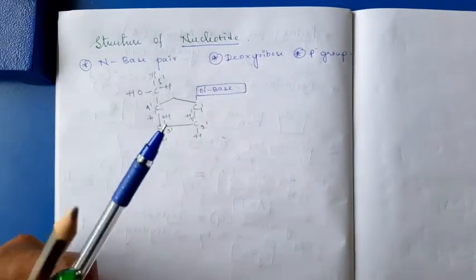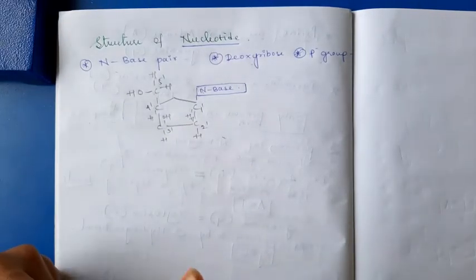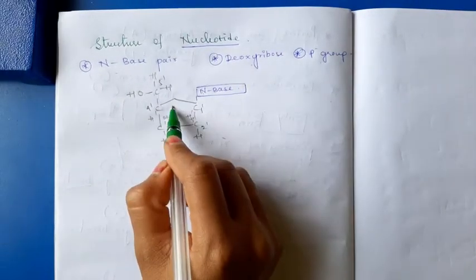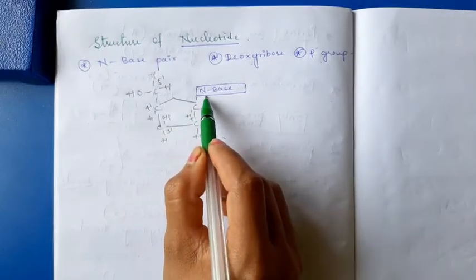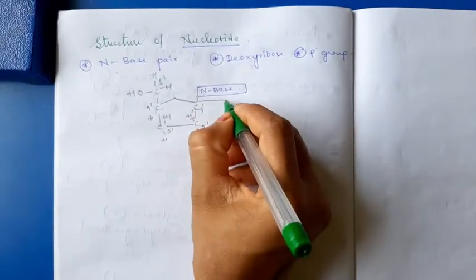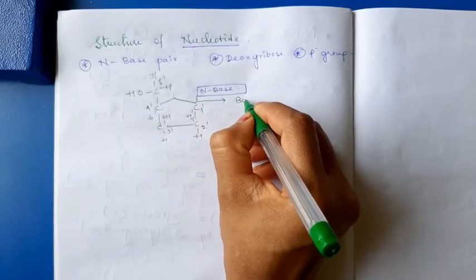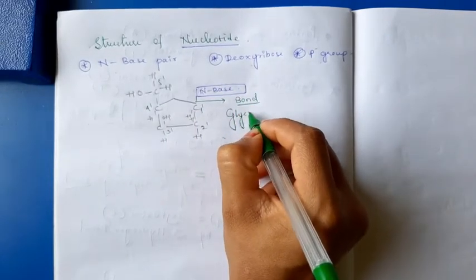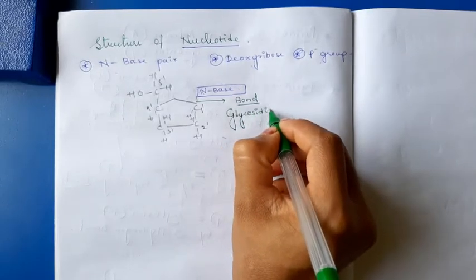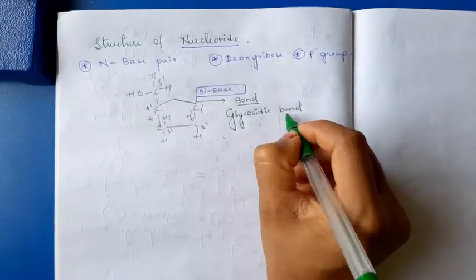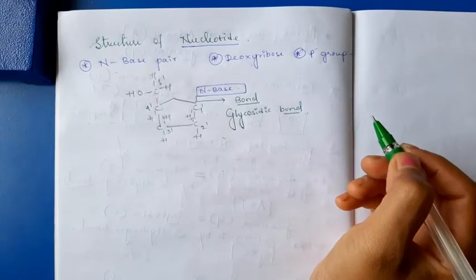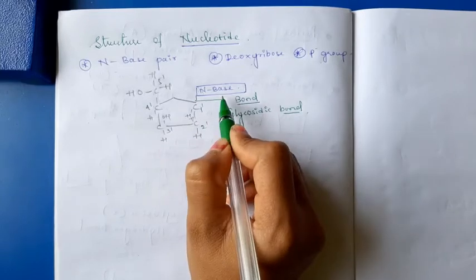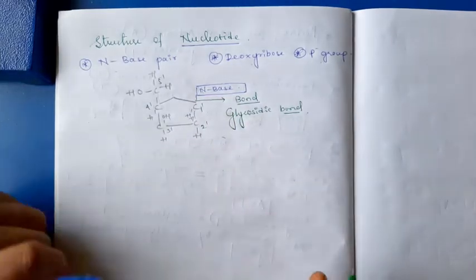Then the attachment of the deoxyribose with the nitrogen base is by the bond that is a glycosidic bond. Glycosidic bond is present in between first carbon atom of the deoxyribose and the nitrogen base pair.